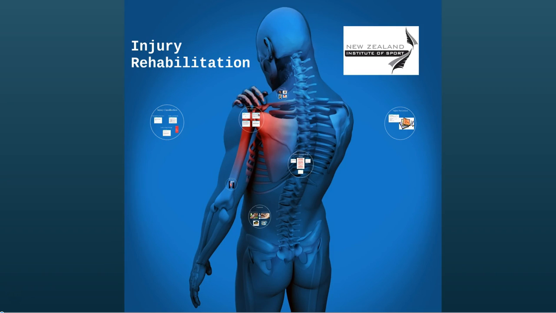Obviously our main priority when we're training someone is to ensure their safety. But if the worst does happen, it's really important that you know the process of how you should deal with that. I guess in the context of personal training, the most important thing about this course is understanding the different referral pathways that are out there, knowing your boundaries as a fitness professional, what you can do for your client who has an injury, and recognising when it's outside of our professional boundary and passing on to the appropriate person who can help that person.